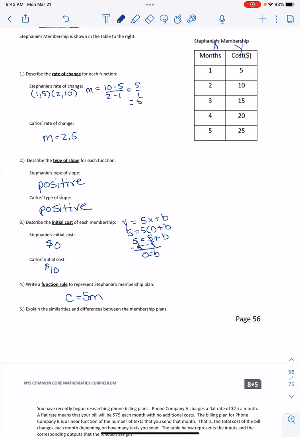Explain the similarities and the differences. Well, the similarities would be both have positive slopes. Difference: Stephanie has no fee.